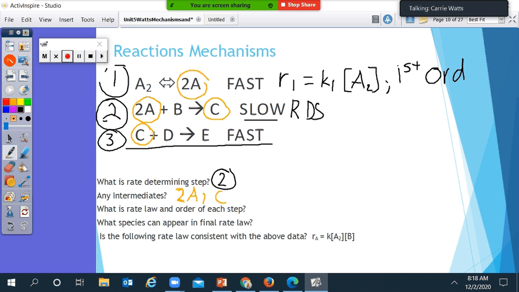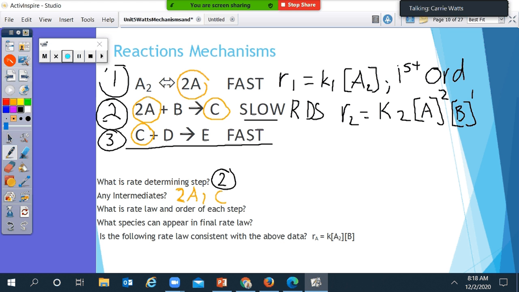Looking at R2, we would write our rate law. Remember, we only look at the reactants and we raise the concentration to whatever the coefficients are for each of the elementary steps. So we'll put K2 here. A is going to be raised to the second power because of the coefficient, and B is going to be raised to the first power.